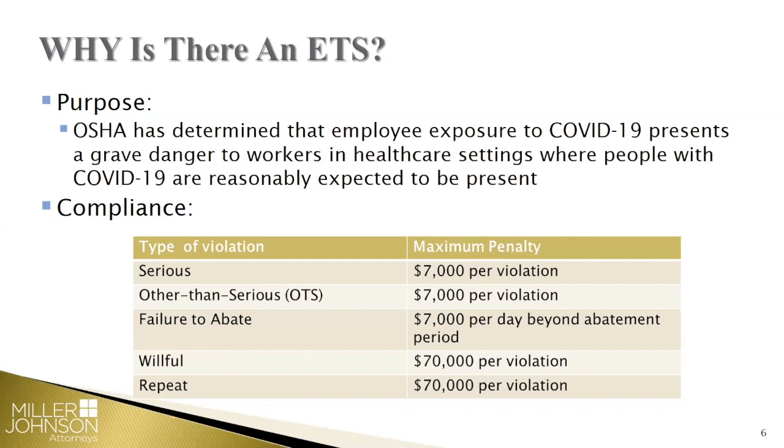What are the potential penalties? This chart on this slide lists the types of violations and the maximum penalties for each. There's serious, there's other than serious, there's a failure to abate, and then there's a willful and repeated violation. As you can see, there's a significant difference between the first three and the second two.